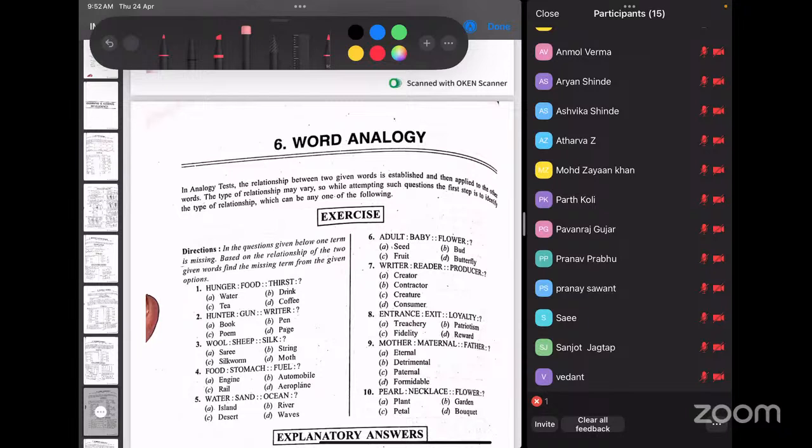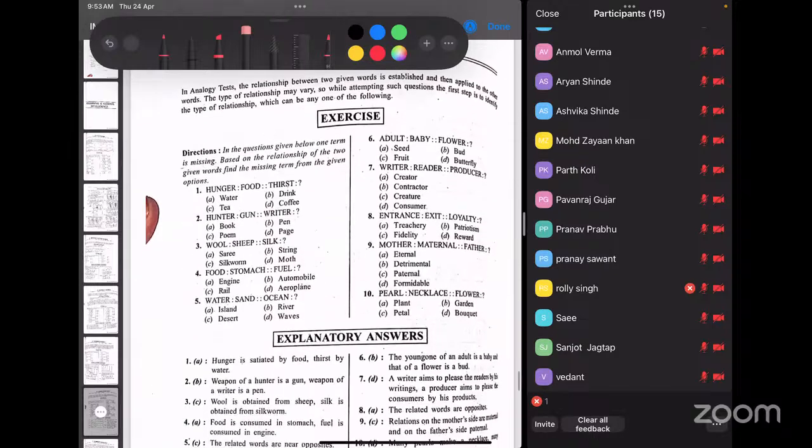Okay, ocean and waves. Sir, option A, island. Because water and sand, it's like a water body and what do you call it? Store, I guess. So ocean and island would be related maybe in that sense.